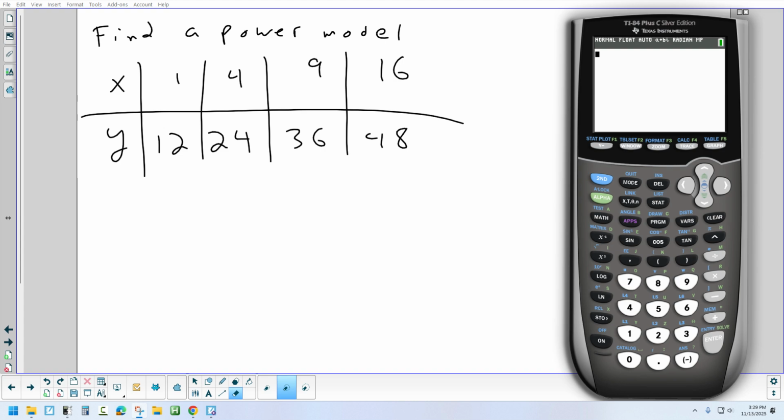Well, that's if we want to check to see if we should find a power model. But we're not going to check it. We're just going to do it. So if we were going to check it, yeah, we would do that first. But what's the first thing we do with that data if we want to find a power model?